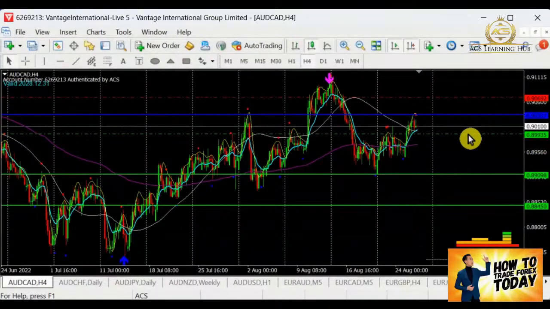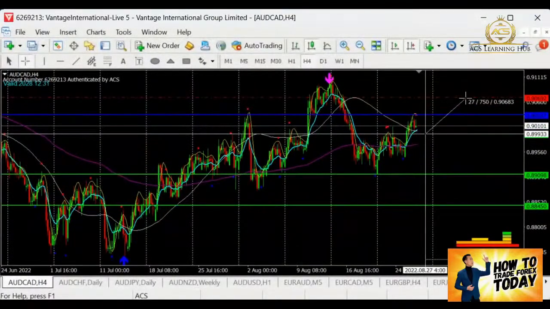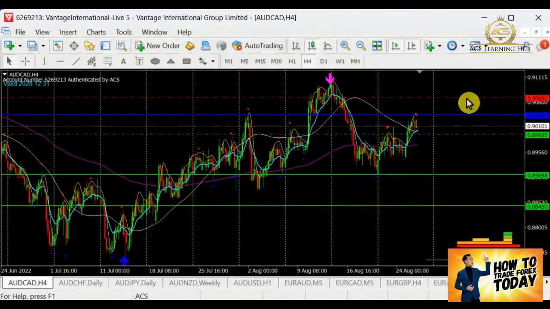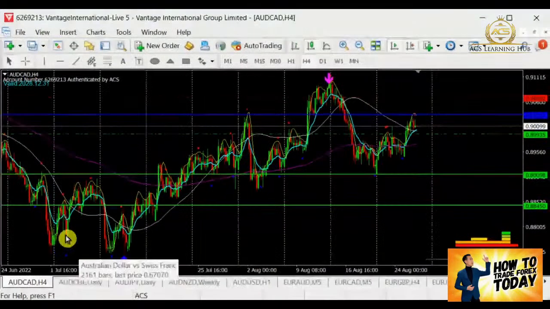That means Aussie cat is currently looking out for a support which may come down here and then continue the buy. So this is good to buy when it comes to this price around 0.89933. Tentatively, we will look out for a buy and stay away from selling.